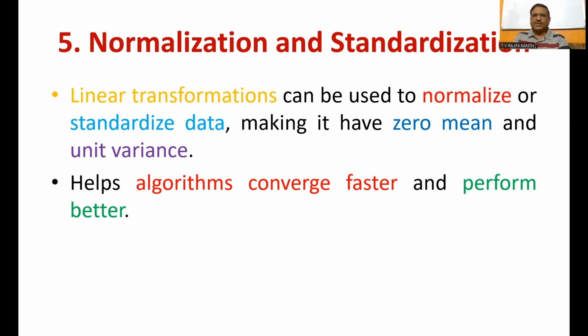It can be used to normalize or standardize the data, making it have zero mean and unit variance. It helps the algorithms converge faster and perform better, because different attributes have different ranges. So it is difficult and it takes longer times.